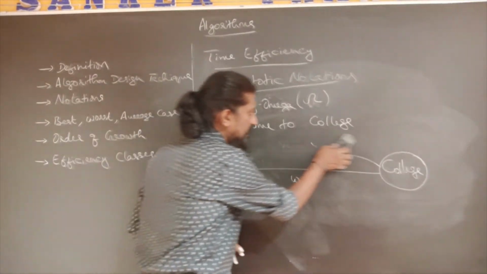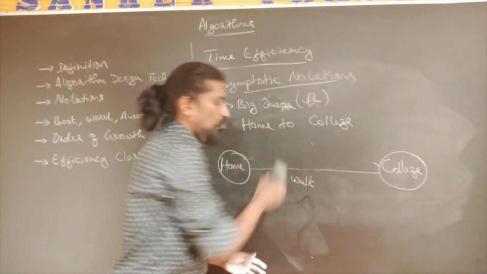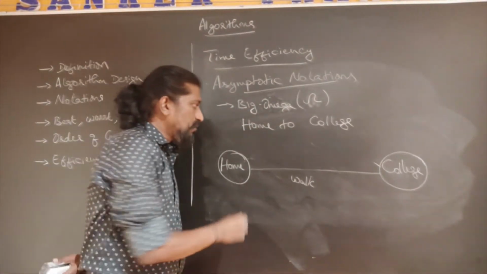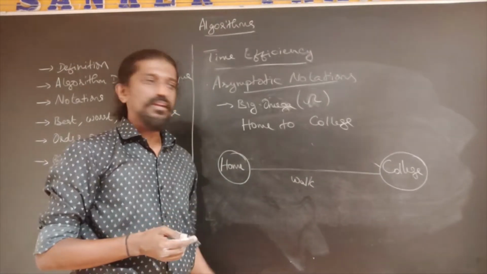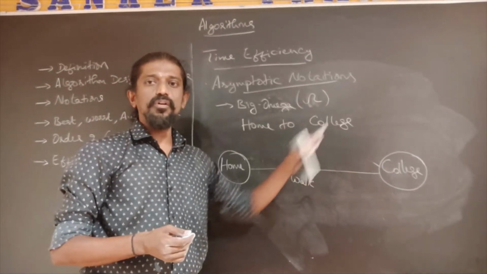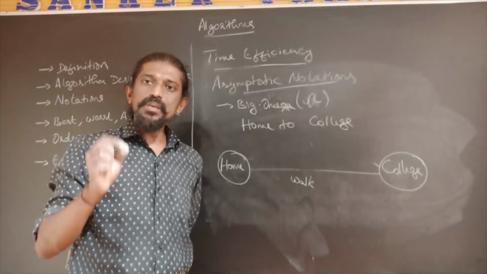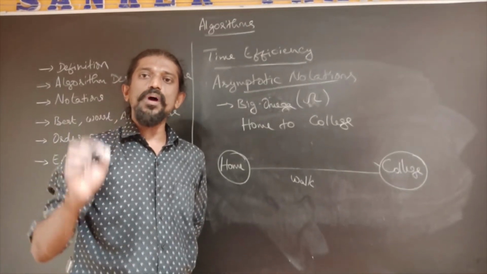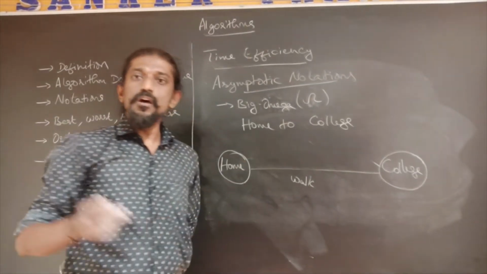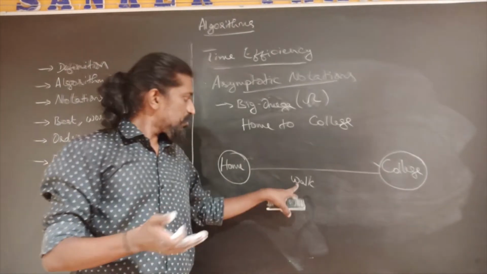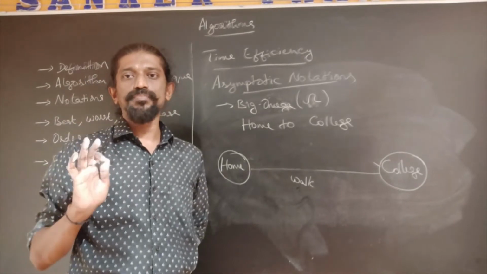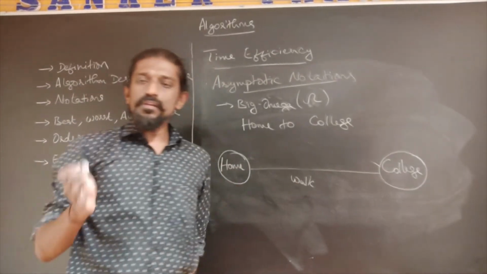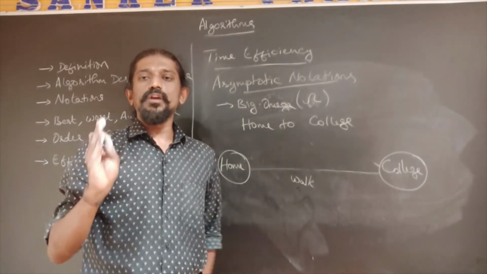To understand, let us take only one algorithm design technique, walking. If we want to find out the time that we take to reach the college, assuming that there is no disturbance along the path, there will be some minimum amount of time required for us to reach the college, faster than which, using this particular algorithm design technique, using this particular means, we can't reach the college. So there is some minimum time requirement.